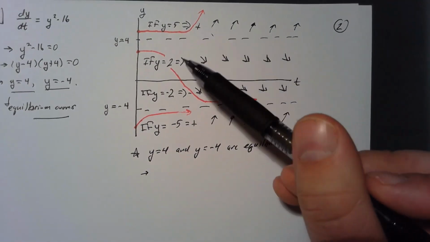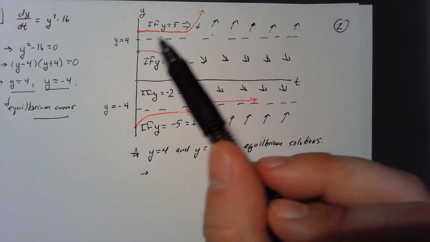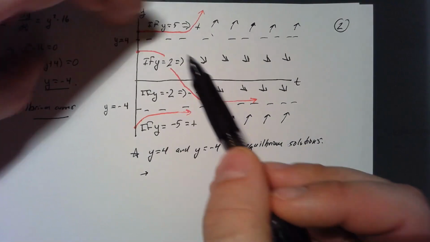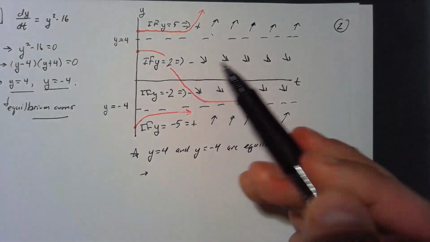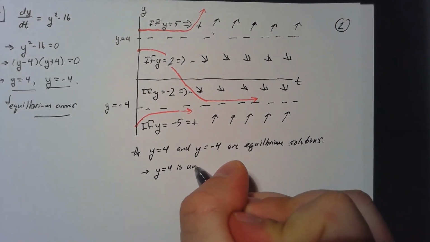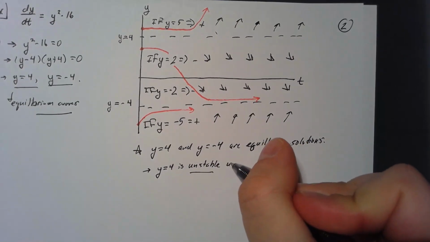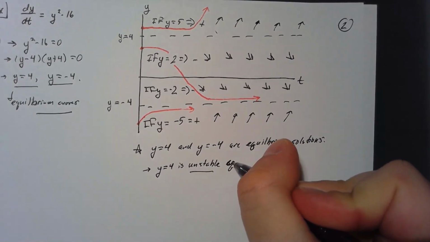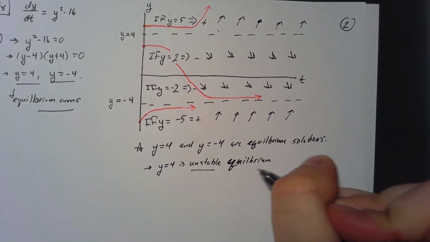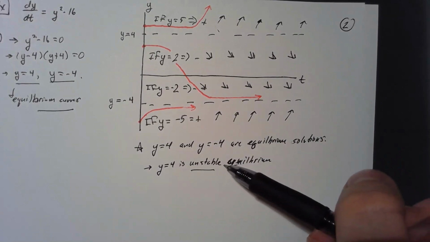So would you consider this stable or unstable? Well, it's fanning, so the solutions here are going away from that. So y equals 4 is unstable equilibrium.